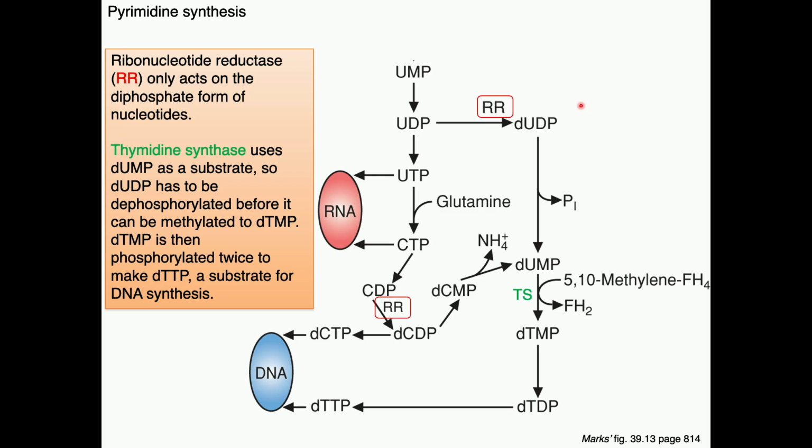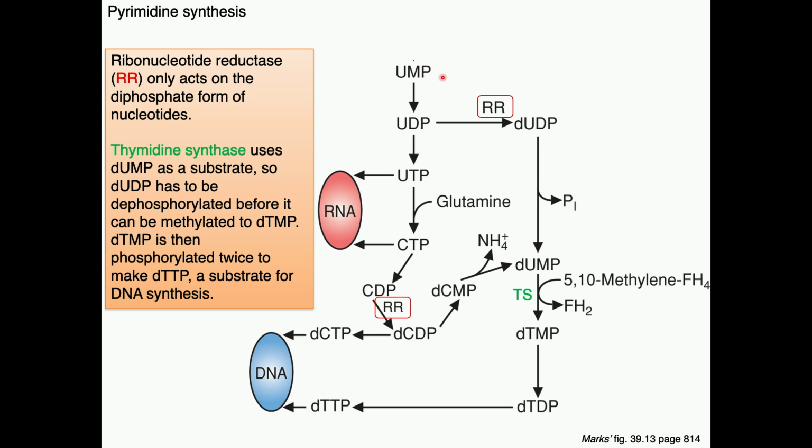Okay, so we now have uridine monophosphate, and what happens to the molecule next is going to depend on whether that molecule is going into DNA or going into RNA. So I'll do the RNA first because that's a little bit simpler.